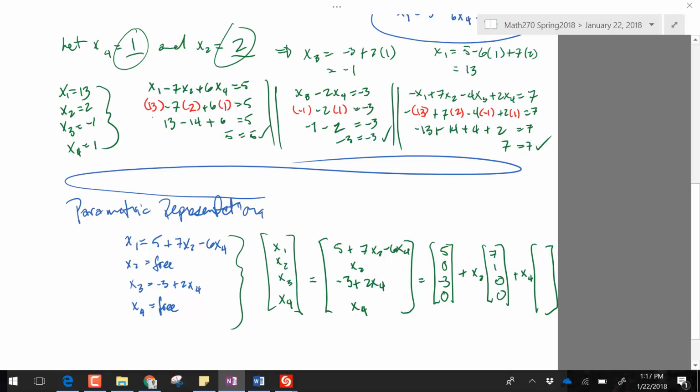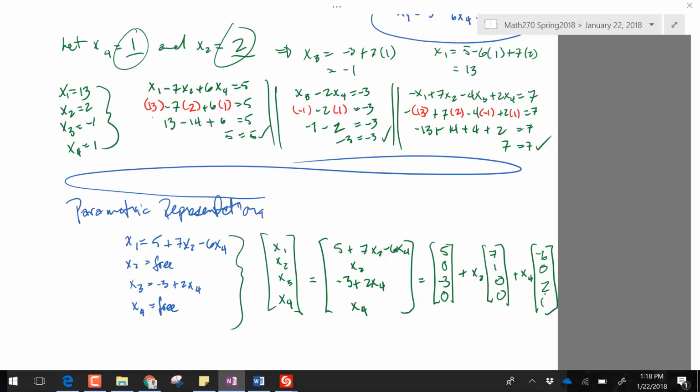And then the coefficient for x4 for the first one is -6. I don't see any x4 in the second position. I have a coefficient of 2 times x4 for the third one, and then 1 times x4. And so now this is in parametric form.